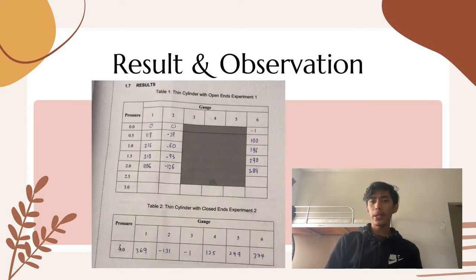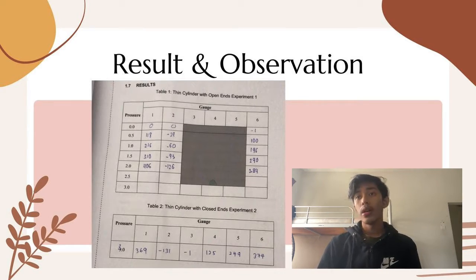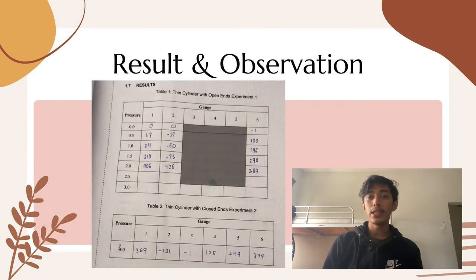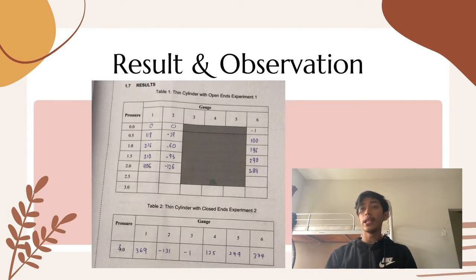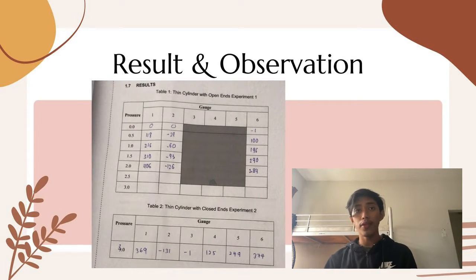Lastly, when the pressure is 2.0, the values of gauge 1, 2, and 6 are 406, negative 126, and lastly 384.